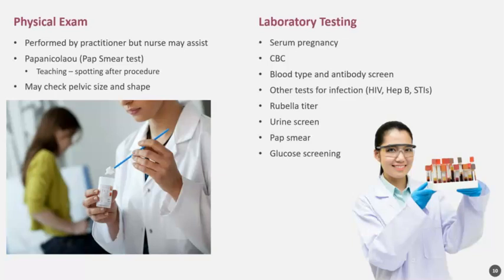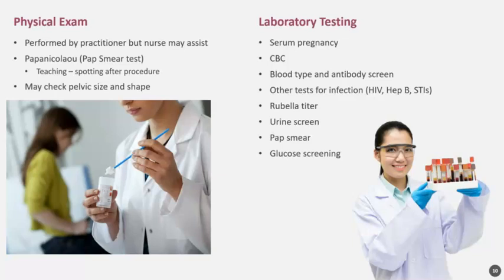So laboratory tests will also be taken as well. Typically, we'll do a serum pregnancy test just to verify that pregnancy is what's going on. CBC is done to check for things like anemia. Blood type and antibody screen is also checked for compatibility.